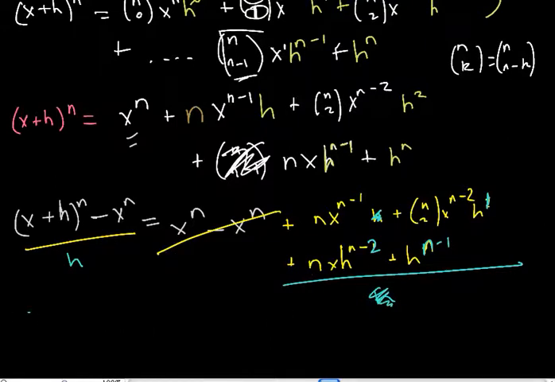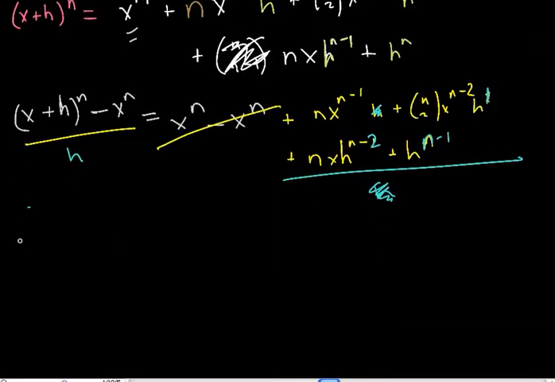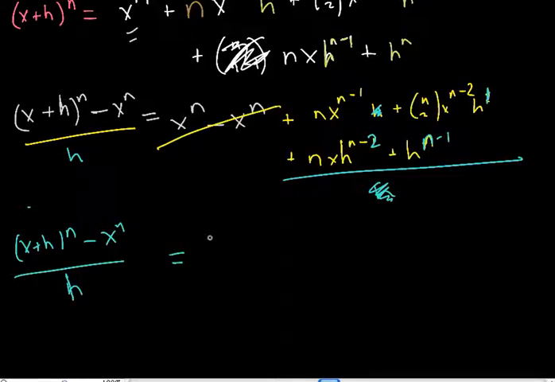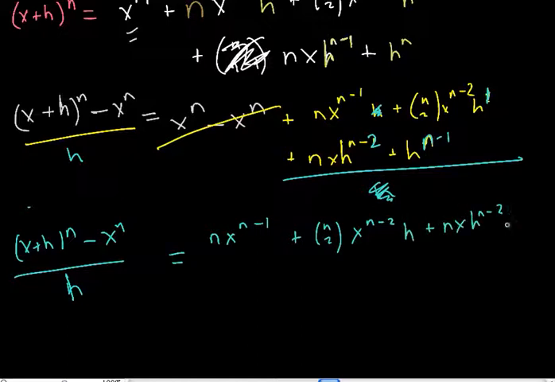So I have, let me write it down here, ((x + h)^n minus x^n) over h equals n x^(n-1) plus n choose 2 x^(n-2) h plus n x h^(n-2) plus h^(n-1).